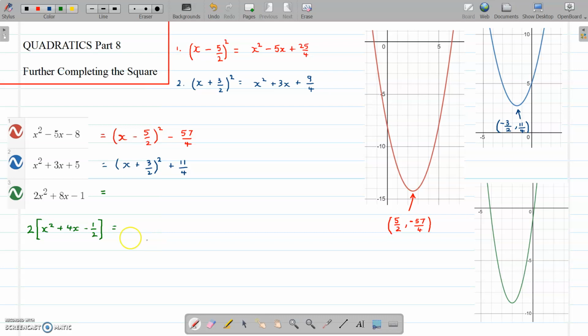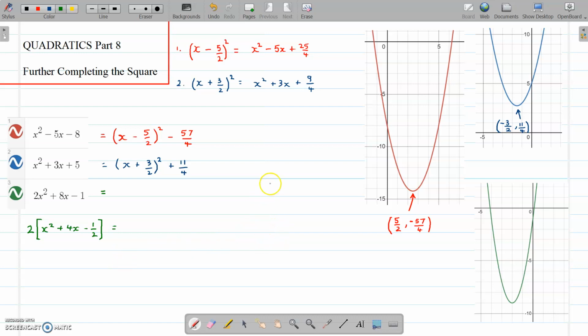So if I look at the bit in brackets, I've got x squared plus 4x minus a half. I'm just forgetting about the 2 for a minute, and I'm going to consider the completed square of x squared plus 4x, x plus 2 all squared. Let me go over here somewhere and do this.